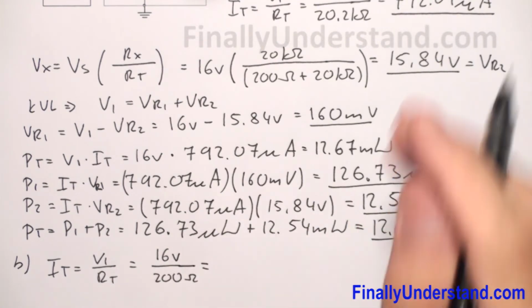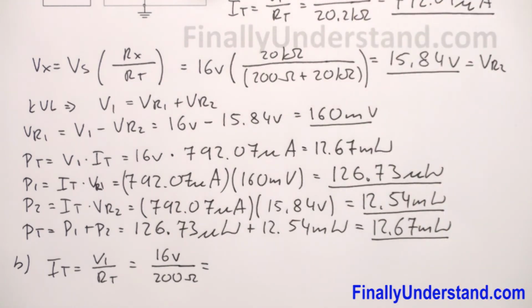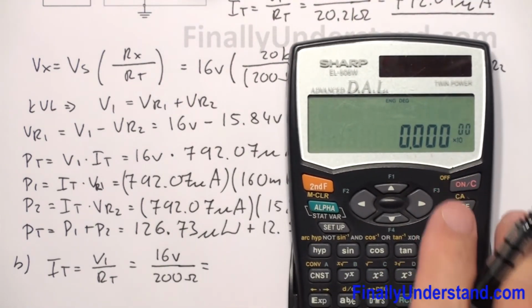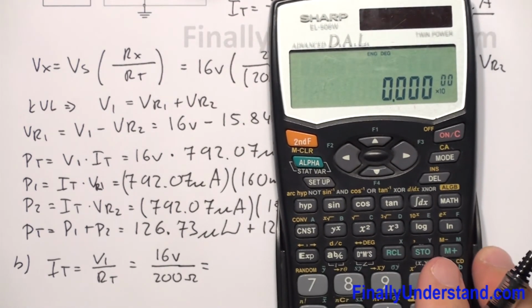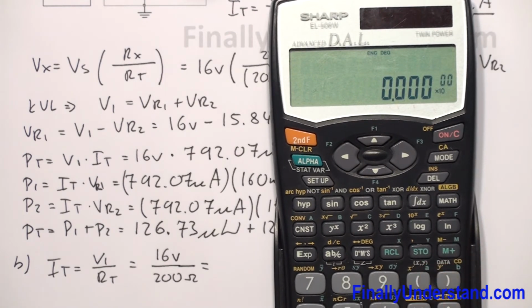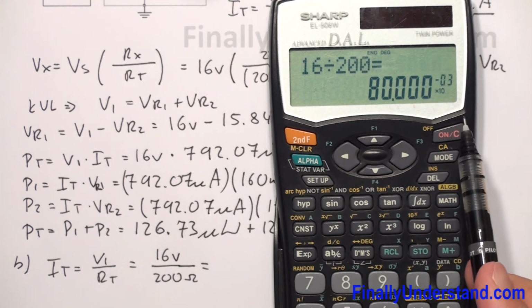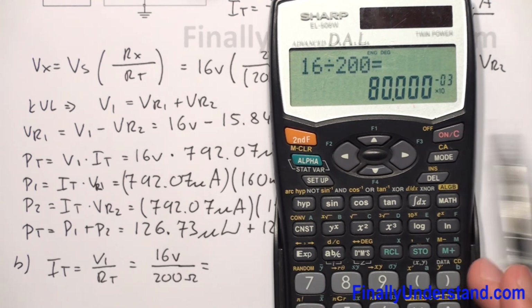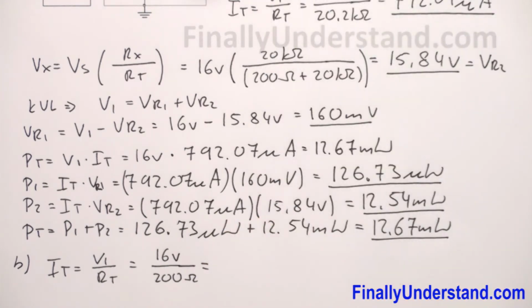Again 200 ohms because R2 is shorted. It behaves like just a piece of wire. So I have 16 divided by 200. This is equal to 80 milliamps.